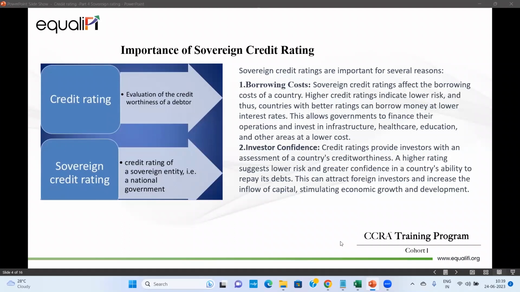Now the point, FDI, foreign direct investment, is also relevant. When you are going to invest in a bond, say you are a retail investor, you will invest in a bond only when the bond is rated well.